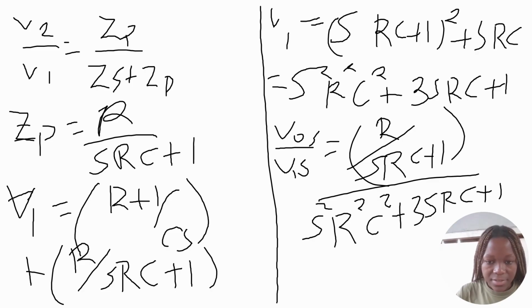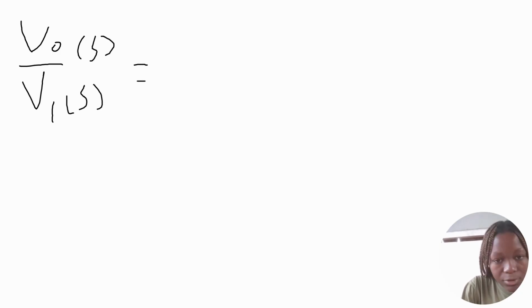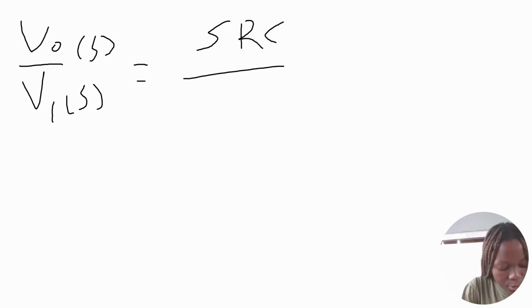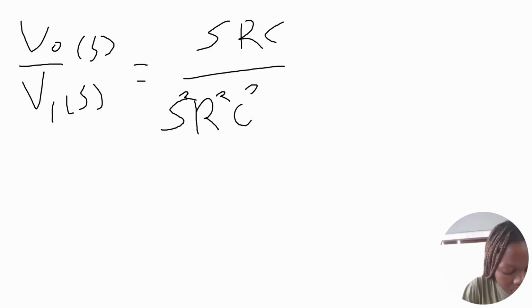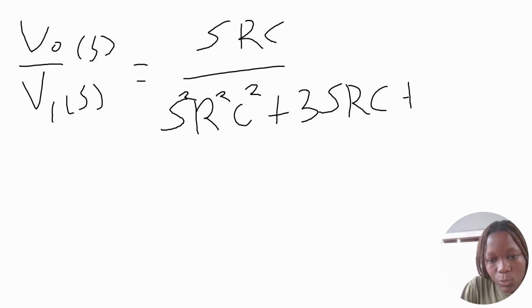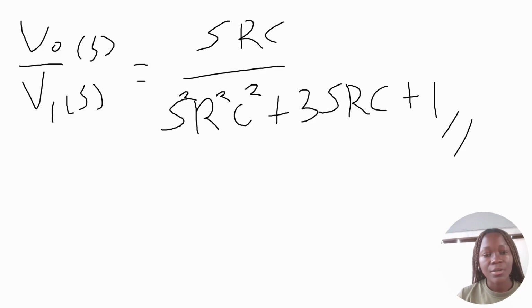Okay, so after that, using further simplification, we realize that our V naught over V1 of S should be equal to SRC all over S squared R squared C squared plus 3SRC plus 1. So this is our transfer function after we've been able to input the values for the various inputs. Thank you.